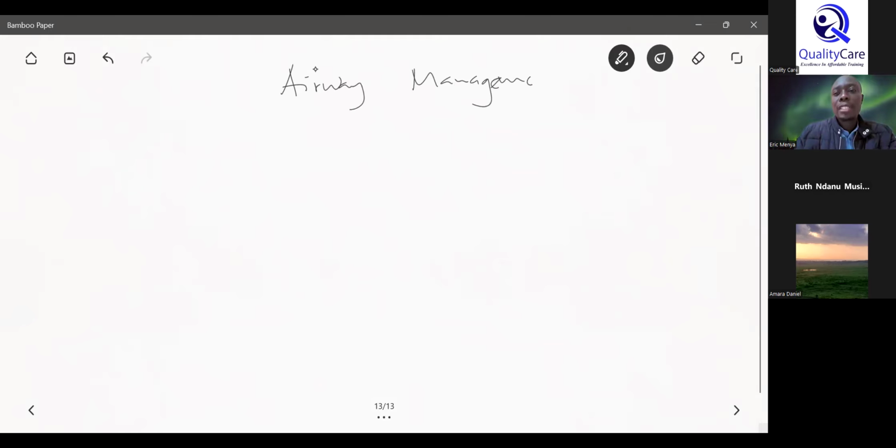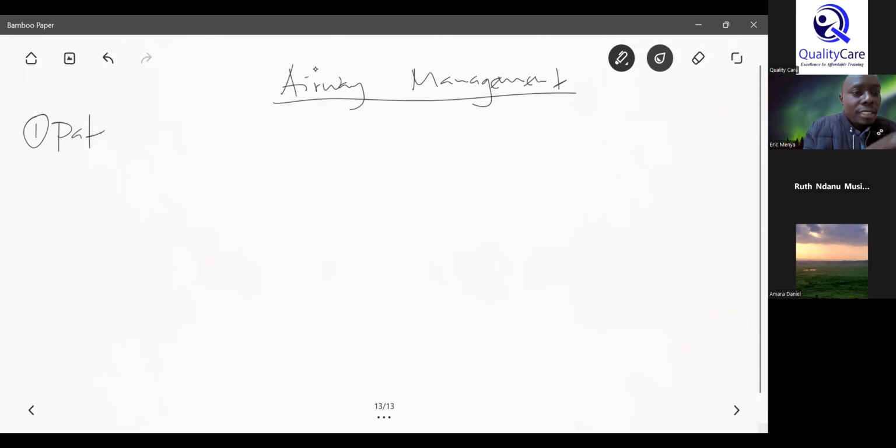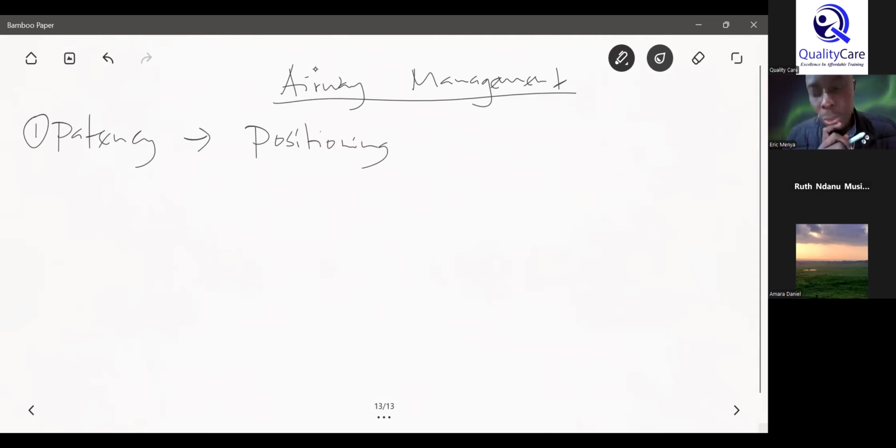Now, airway management, the first priority is always patency. So how do we achieve patency? For the unresponsive patient, we do positioning. So we do our sniffing or our neutral position, and we consider the need for suctioning.